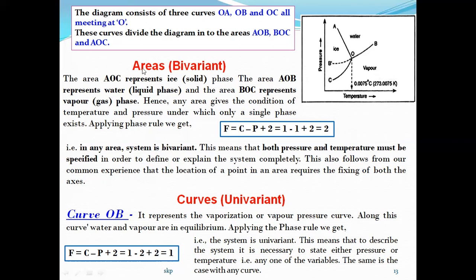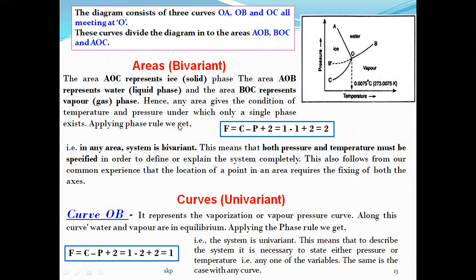First we will see the areas. The area AOC indicates the solid phase ice, the area AOB indicates the liquid phase water, and the area BOC indicates the vapor phase. In any area, the condition of temperature and pressure is such that only a single phase exists.